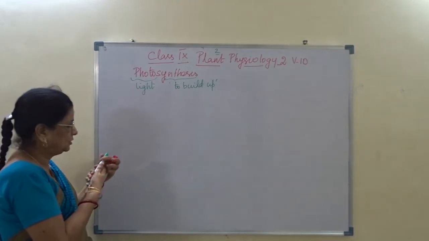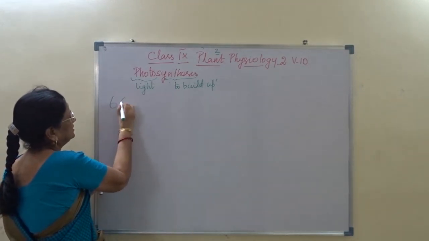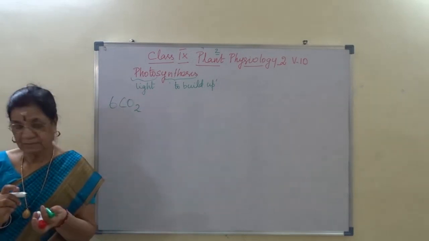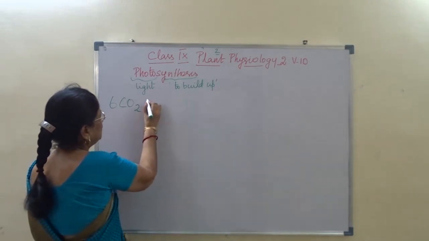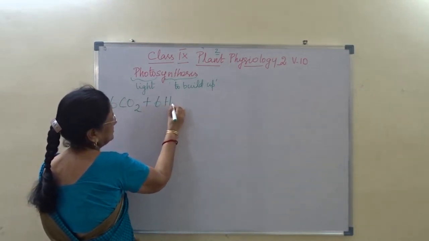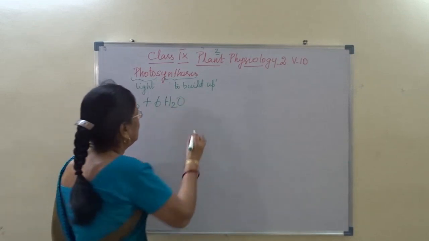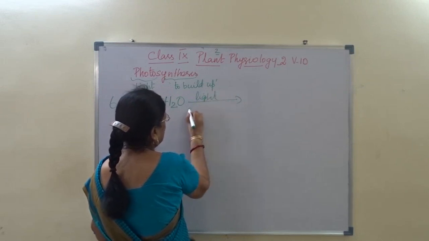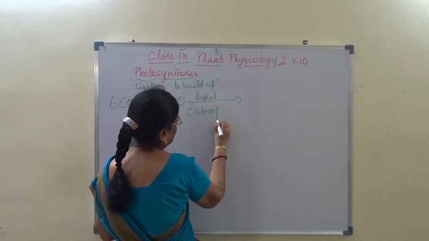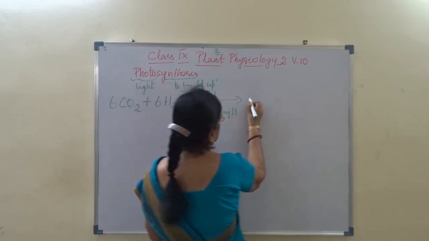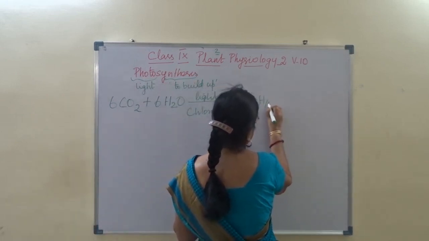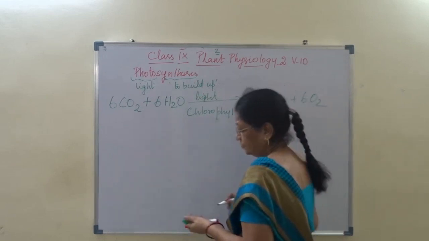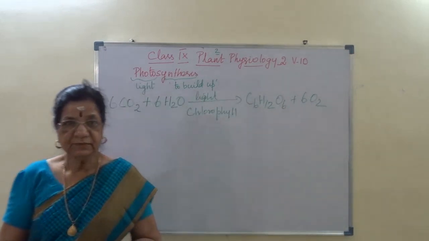Now you should know the equation: 6 CO2 plus 6 water, in the presence of light and chlorophyll, gives C6H12O6 plus 6 O2.